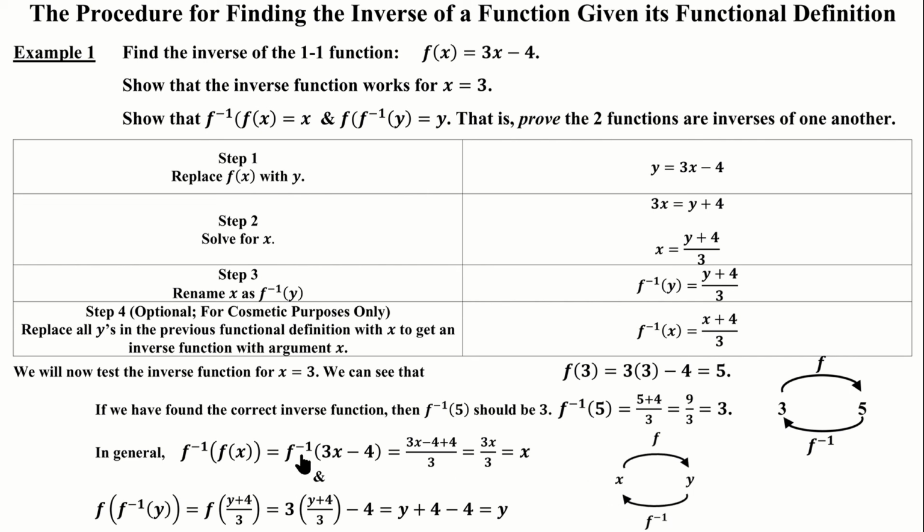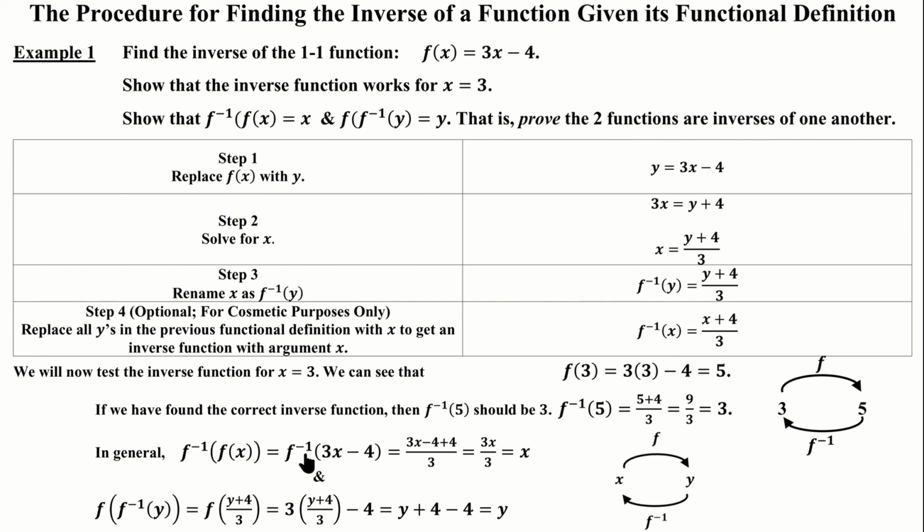So notice that f inverse of f of x just means f inverse of that, because that's what f of x is. So 3x minus 4. So now we need to do the action of f inverse on this input. Now, what is the action of f inverse? Remember, take whatever you feed it, add 4 to it, and then divide by 3.